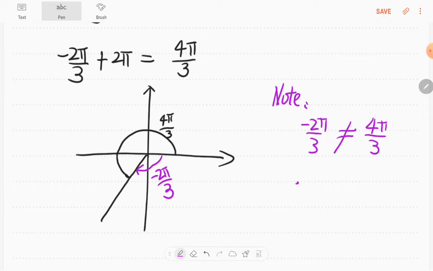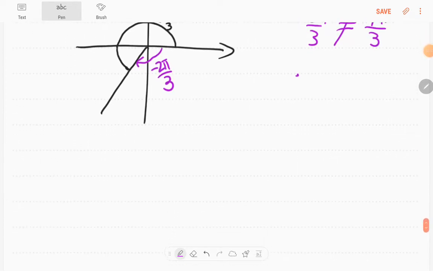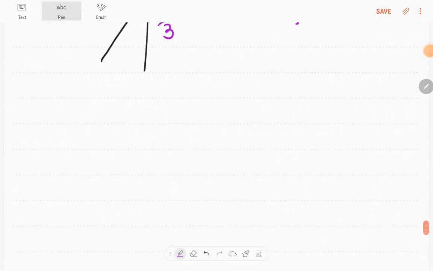They are different. The magnitude is different, right? So now we have two measures to measure the same angle. So we must have some relation between these two measures.